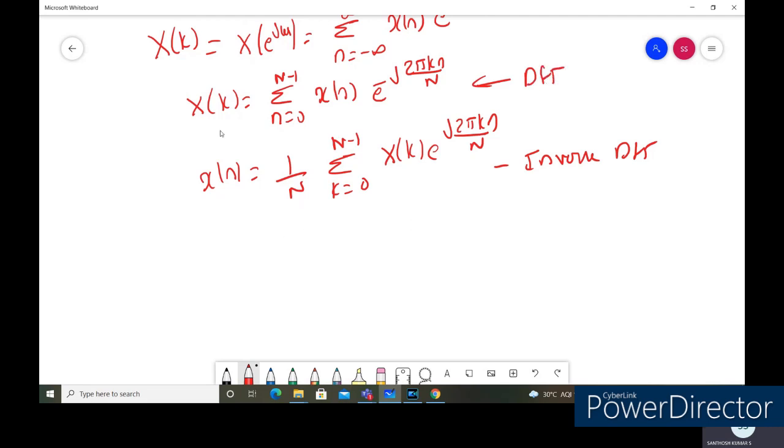By using this form, we form the DFT pairs. This can be represented as a pair of discrete Fourier transform like this, with X of k.